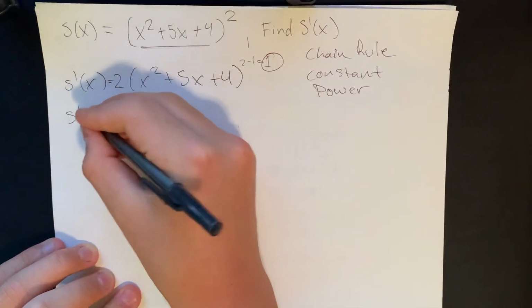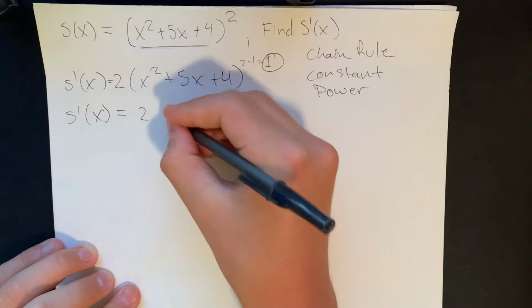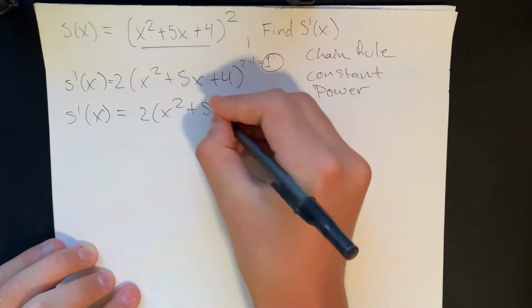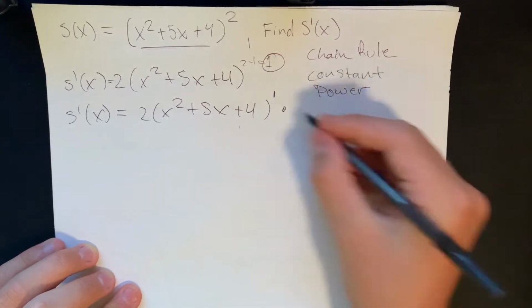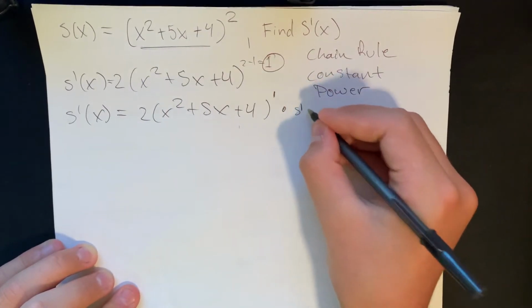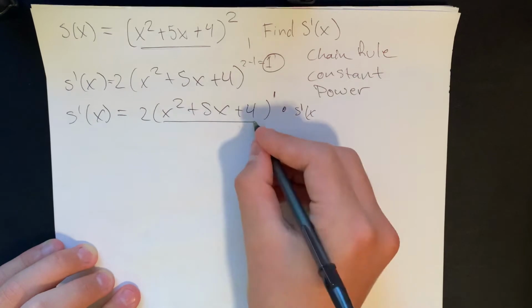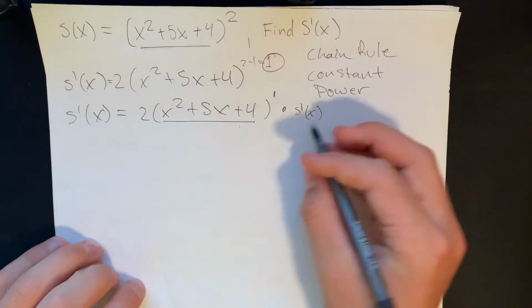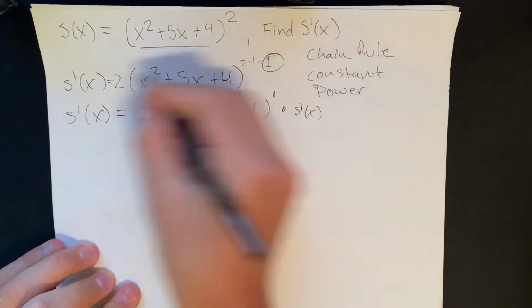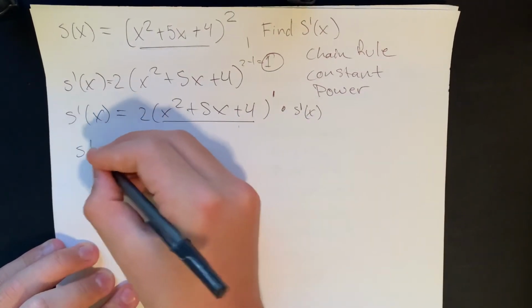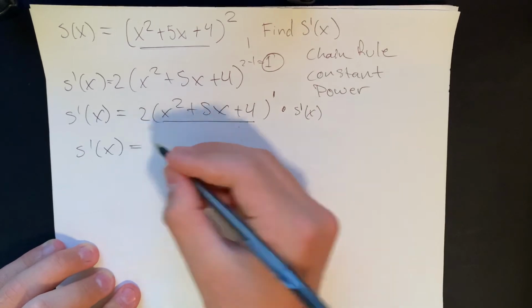So it'll be s prime of x equals 2 times x squared plus 5x plus 4 times 1 times your s prime of the middle part of that equation right here. So you're going to take the derivative of this and then multiply it to the back of it to find your whole entire equation.